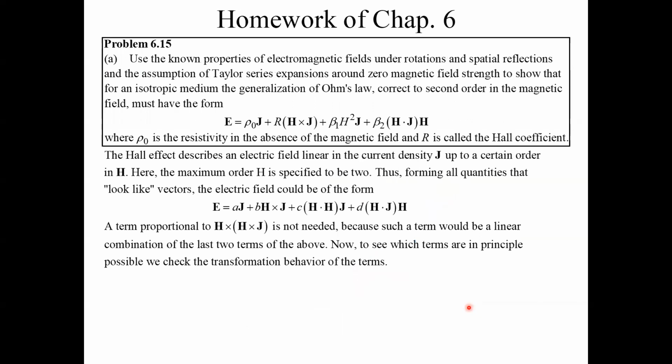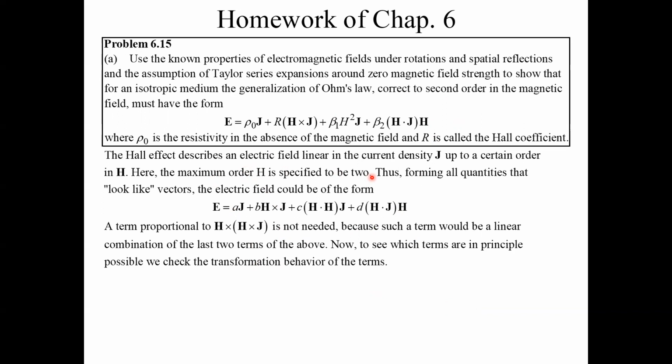And part A, use the known properties of electromagnetic fields under rotations and spatial reflections and the assumption of Taylor series expansions around zero magnetic field strength to show that for an isotropic medium, the generalization of Ohm's law correct to second order in the magnetic field must have the form like this. The Hall effect describes an electric field linear in the current density J up to a certain order in the H field.